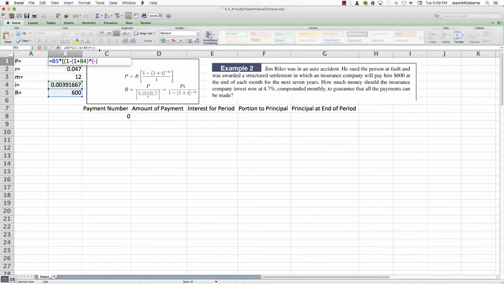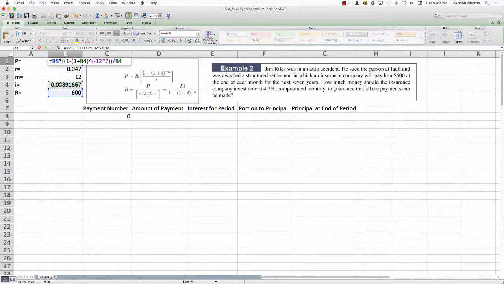It would be a negative number according to this formula, and they're paying out every month for 7 years, so that'd be 12 times 7 payments. Then we need to take that number and divide it by the interest rate I.